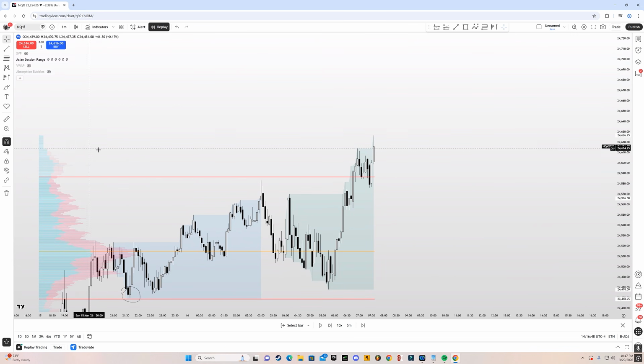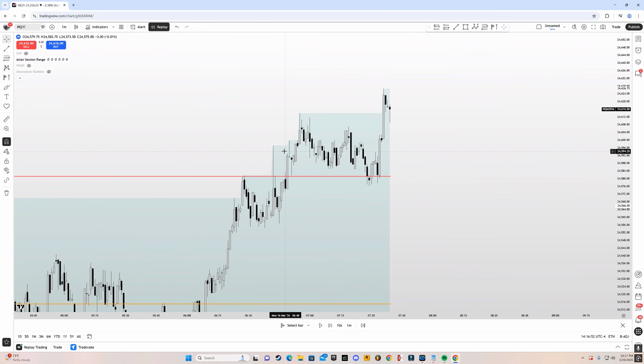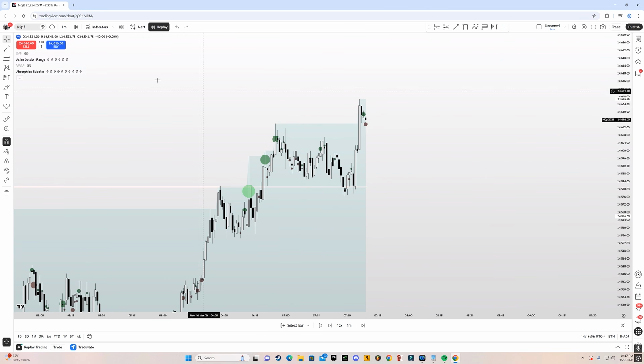So now let's go to the 1 minute time frame, see what exactly happened. So you guys can clearly see we were above this. And if I turn on the absorption bubbles indicator, you can see initially we had absorption of buyers, but then we closed above. Absorption, close above, one more absorption, but then we rejected.